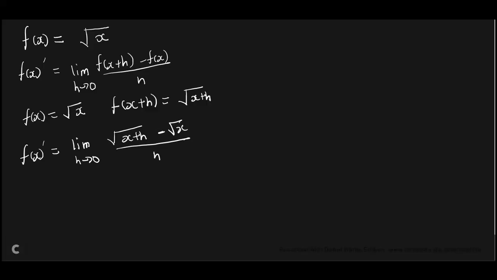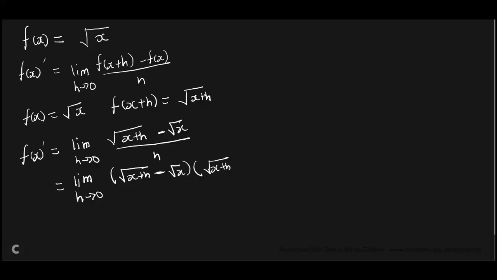The next thing that you do is we rationalize. So in this situation, the part that we need to rationalize is the numerator. And how do we rationalize the numerator? We look out for the conjugate of this root of x plus h minus root of x. So what's the conjugate? The conjugate is root of x plus h plus root of x.